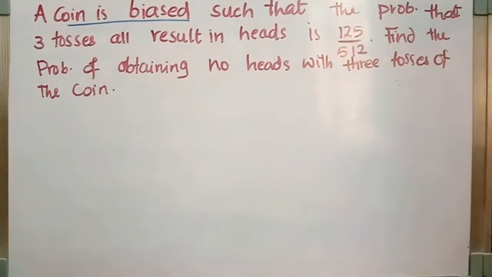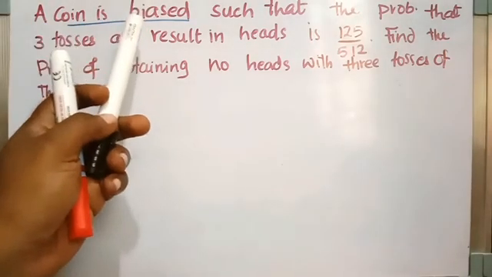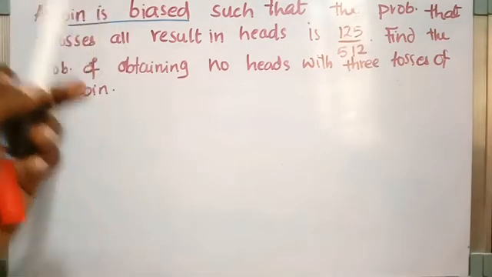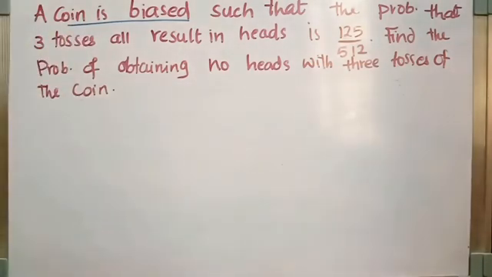But here, as the coin is biased, we cannot expect equiprobable events, and we cannot consider the probability as 1/2 for head or tail. So our main task is to find the probability of each side.